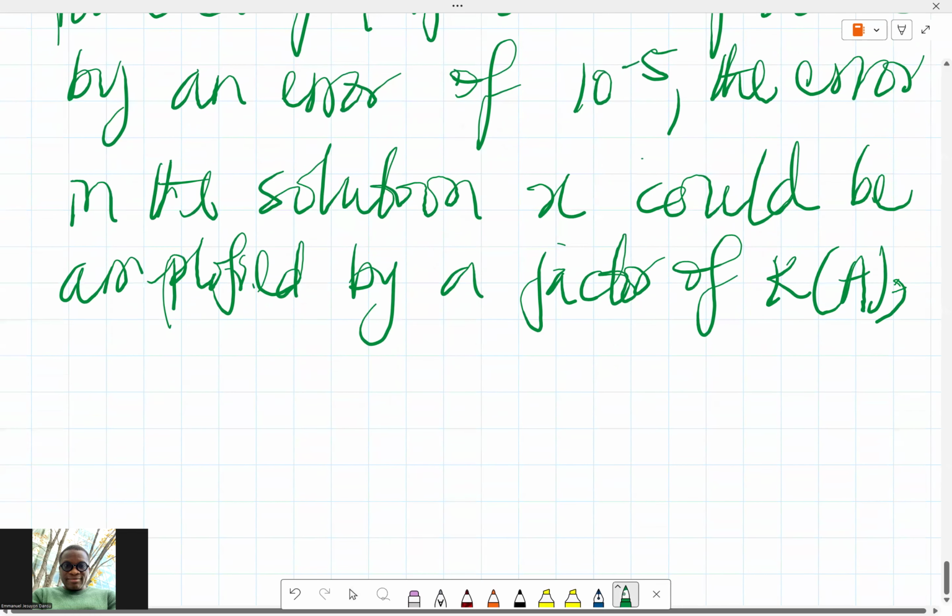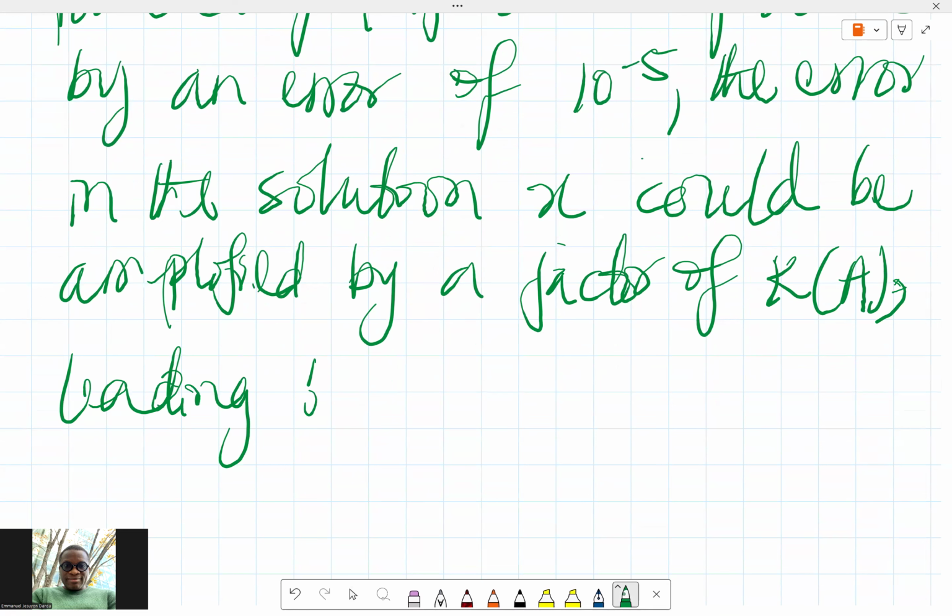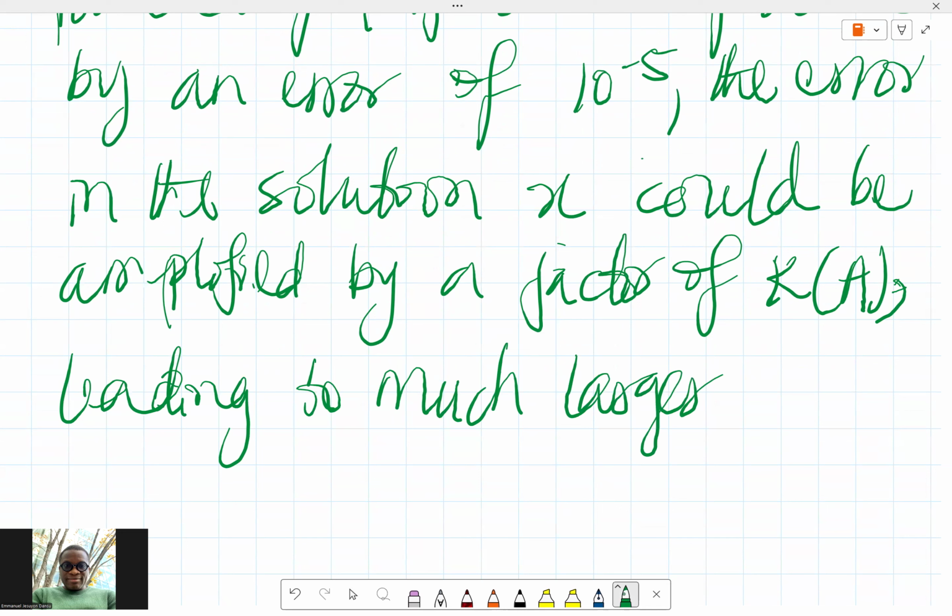So leading to a much larger error in the solution.